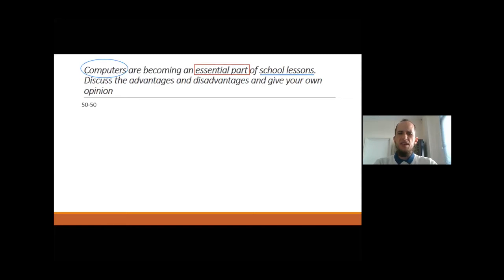So let's see if anybody can come up with an idea about why computers could bring disadvantages. So we've got health. Are there any other reasons why computers could possibly be a disadvantage? So Dimash is telling us it's a distraction. Eyesight, that would be health.